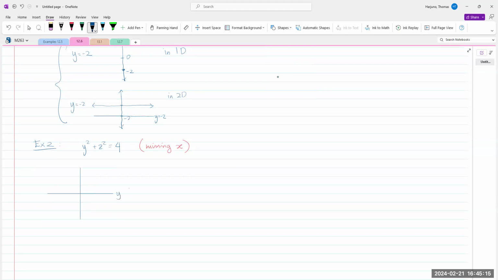This is y, this is z. In 2 dimensions, that is actually a circle with radius 2, right?